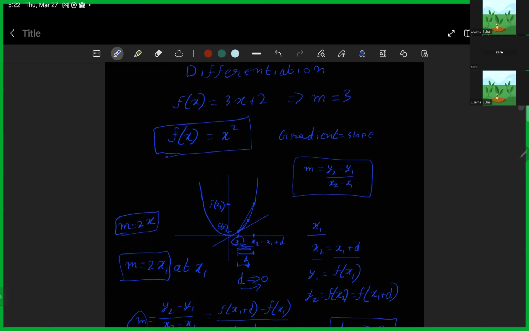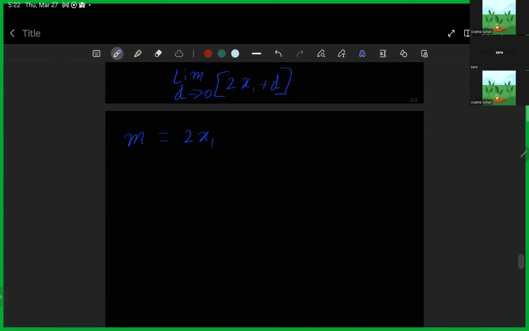And so from here, what we get is that to get the gradient of any curve, we can find the gradient by doing the limit as d approaches 0 of f of x plus d minus f of x, whole divided by d.